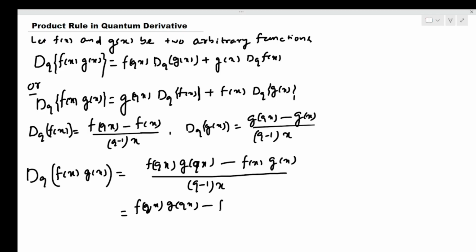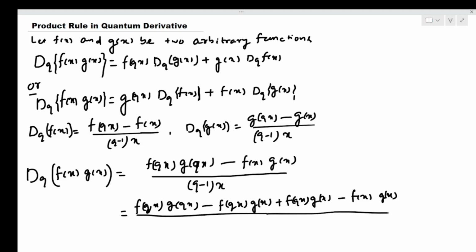So minus f of qx into g of x, then plus the same thing, f of qx into g of x. If I do that, there will be no harm, and the last term is minus f of x into g of x. So this is the form, divided by q minus 1 into x. I hope it is clear.